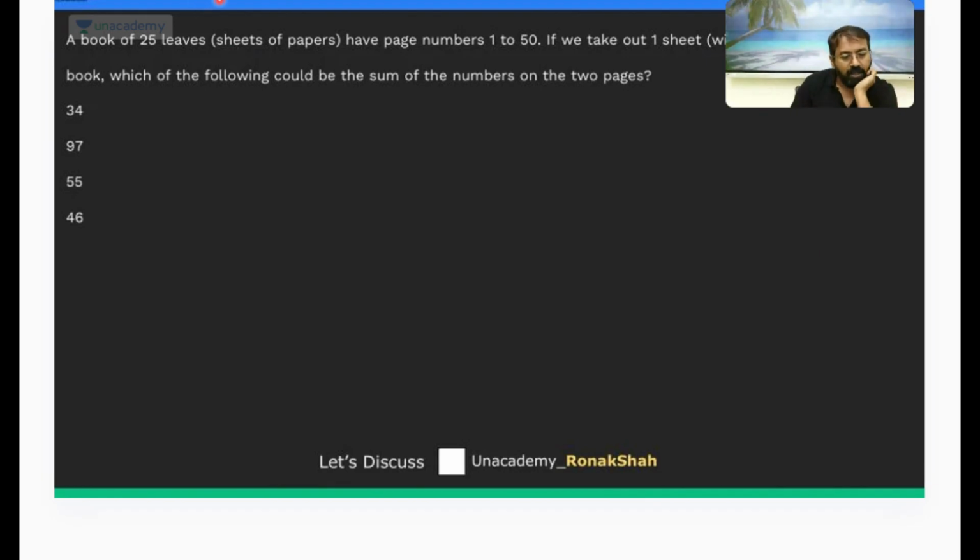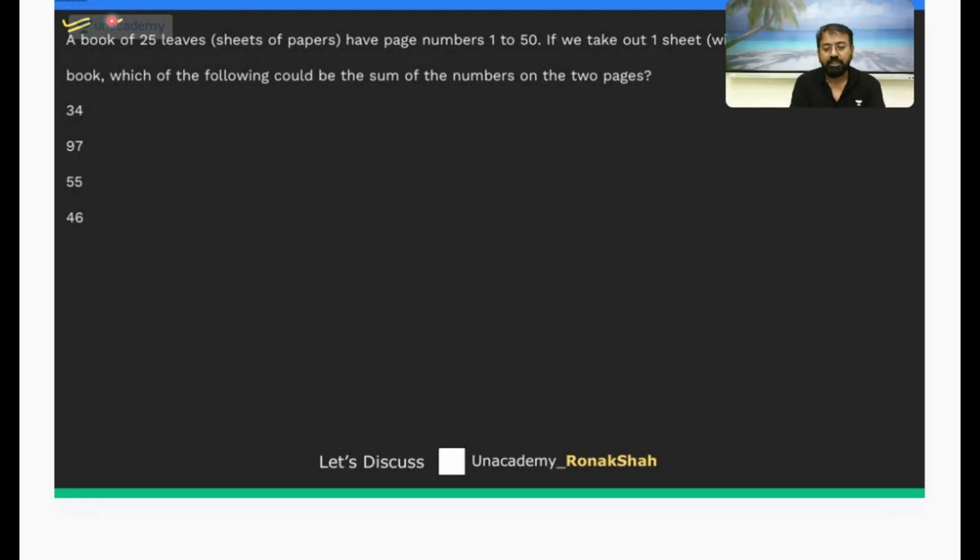Guys, try this question. A book of 25 leaves, that is sheets of paper, has page numbers 1 to 50. On each sheet, we have two page numbers, one in front, one in the back.